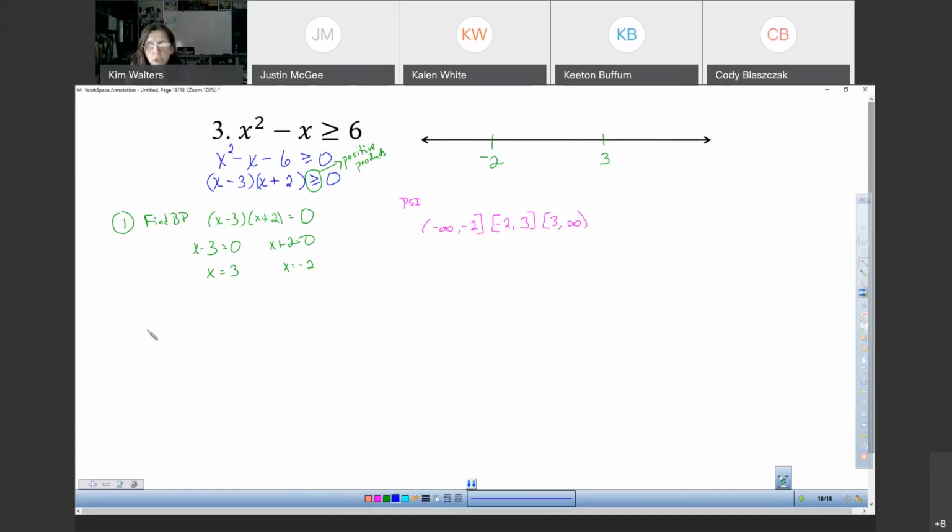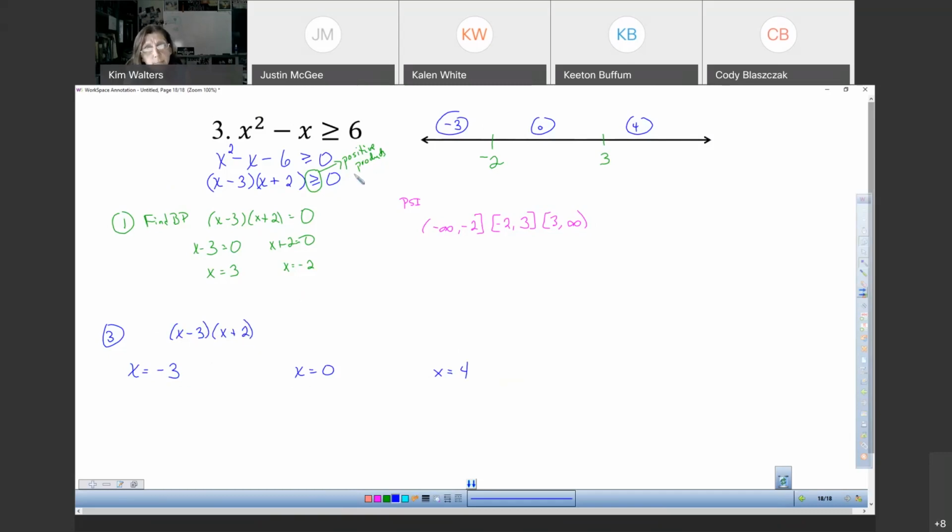So now we're going to look for our test points. My test points, I'm going to use negative 3, 0, and 4. I love using 0 if 0 is a possibility. So my test points, negative 3, 0, and 4. Notice that I'm going to plug them into x minus 3 times x plus 2, okay?